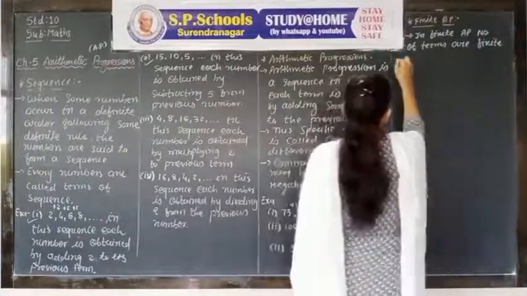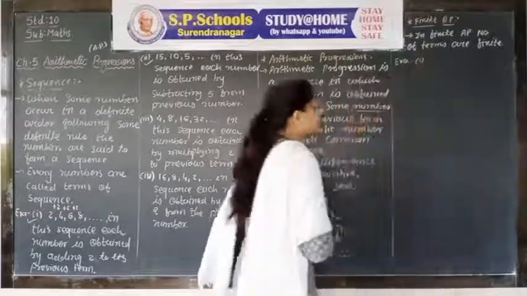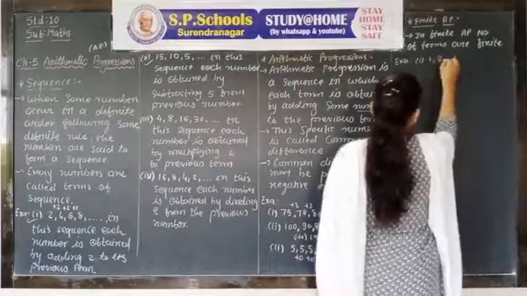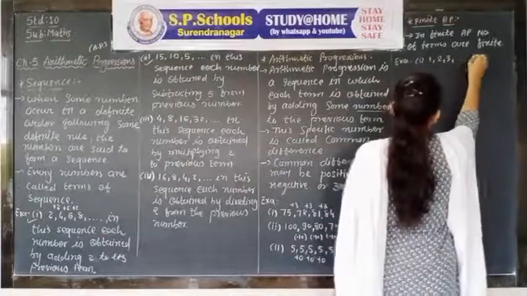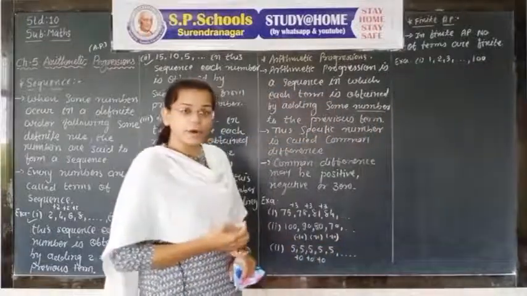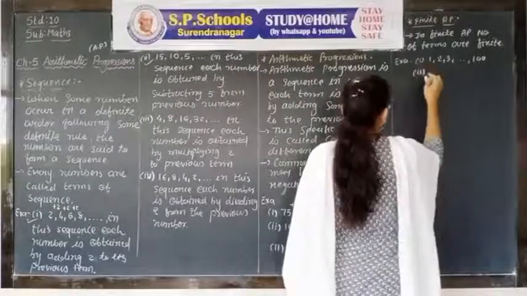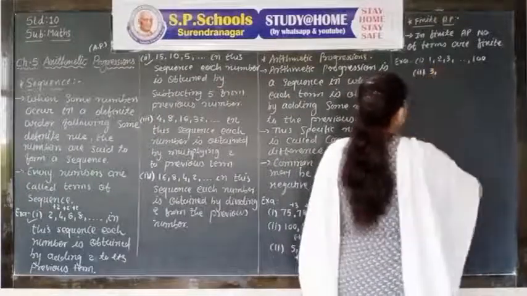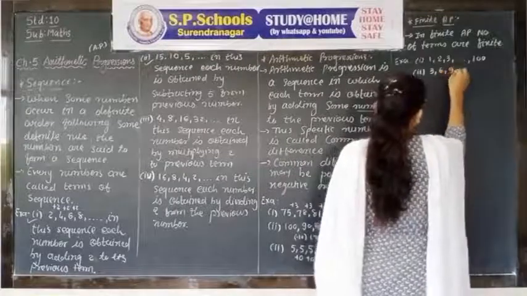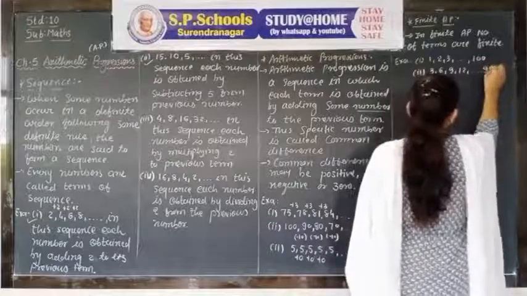Let us take examples for that. First example: the first 100 natural numbers, 1, 2, 3 up to 100. It is called a finite AP in which the common difference is 1. The second example: multiples of 3. 3, 6, 9, 12 up to 99.